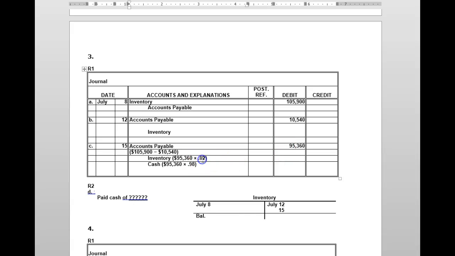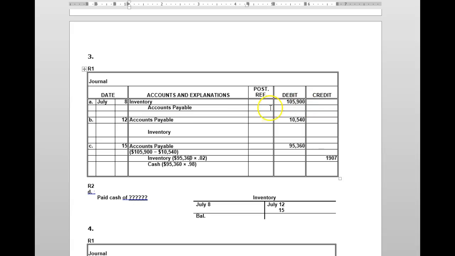You've got this in inventory. You're going to get a 2% discount on that. So that's my discount. Oh, I guess I'm really going to give myself a nice discount. Now, why am I taking that out of inventory?